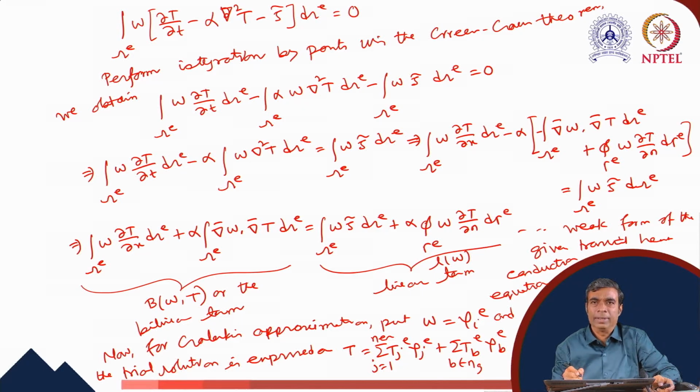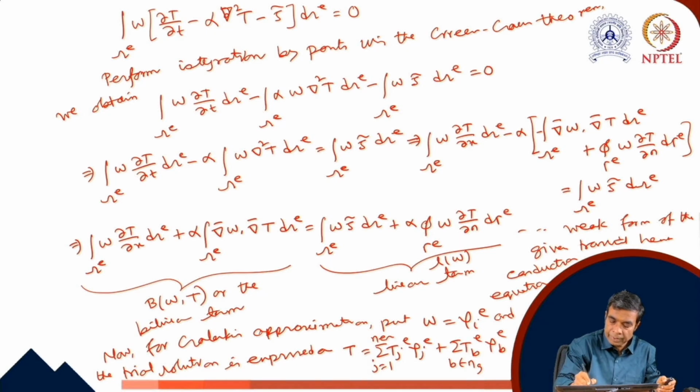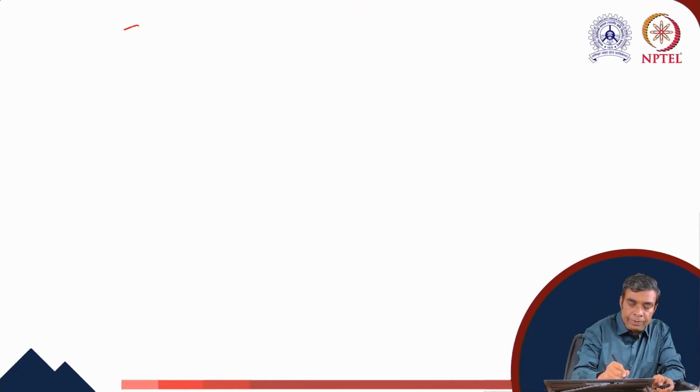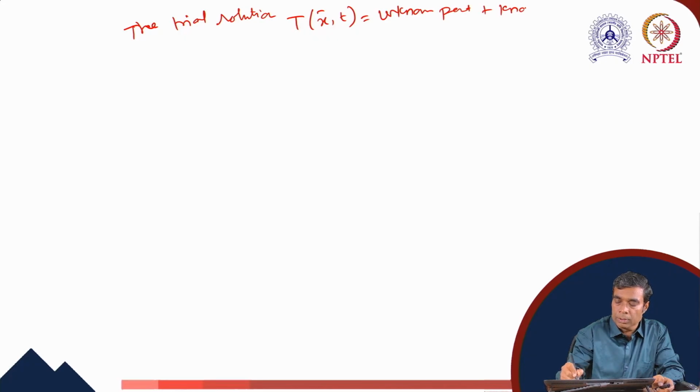Now let us discuss the trial solution a little more. Here this is a time derivative, this is also a time derivative. The trial solution T of x bar and time equals unknown part plus known part from EBC.